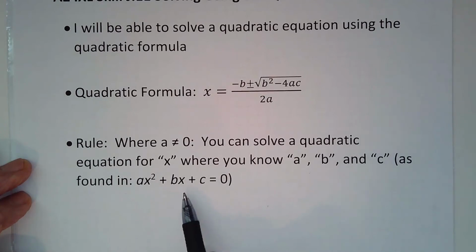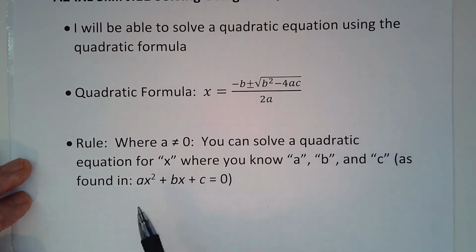If you get a quadratic equation that is not set up like this, you'll want to put it into standard form, getting the ax squared plus bx plus c all on one side of the equation, equal to 0. Okay?